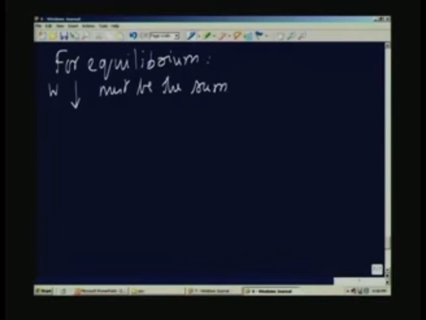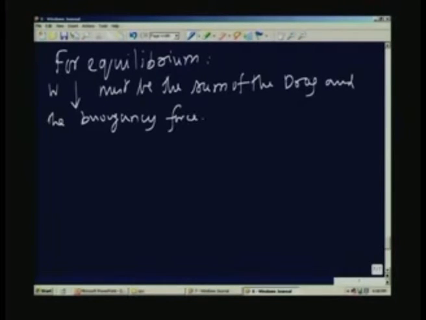So we can say for equilibrium, the downward force, this is the weight, must be the sum of the drag force, drag and the buoyancy force. The two forces which are acting in the upward direction must be equal to W.